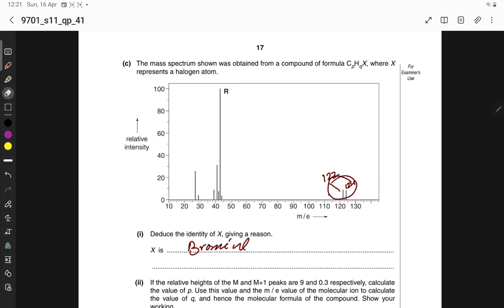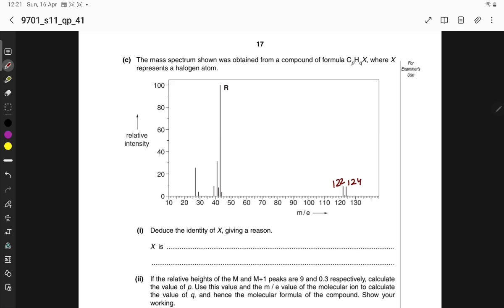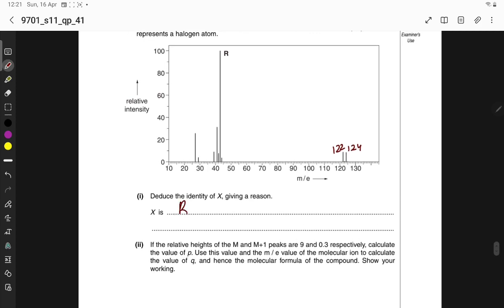The first peak is present at 125, this is 124, and this is at 122. These two peaks are of equal height, so it means X will be bromine, because the abundance of the two isotopes is approximately equal.